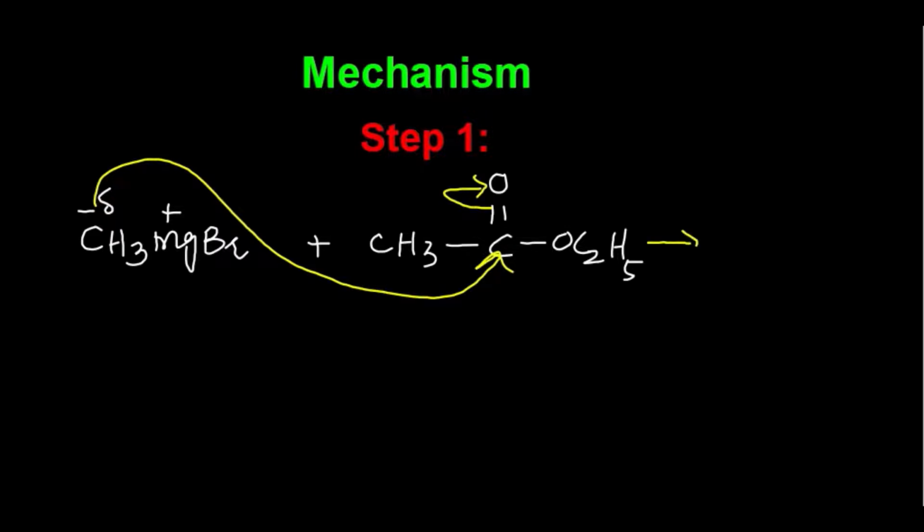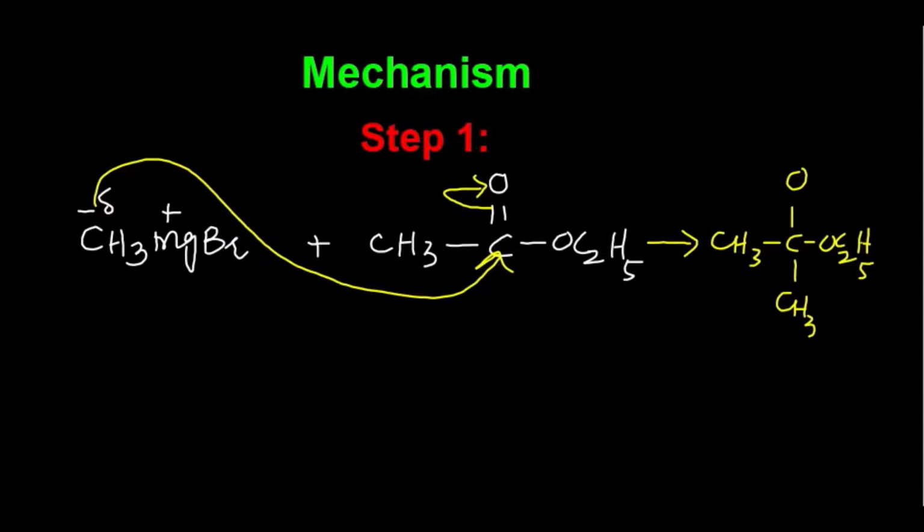So after the reaction, what unstable intermediate is formed? We make this carbon, here oxygen, and here the methyl group which is attached with this carbonyl carbon, and here OC2H5, right students?